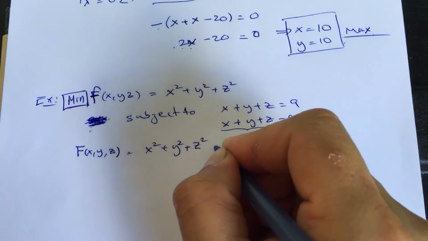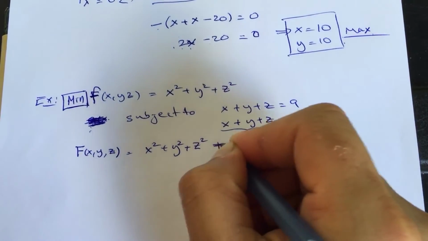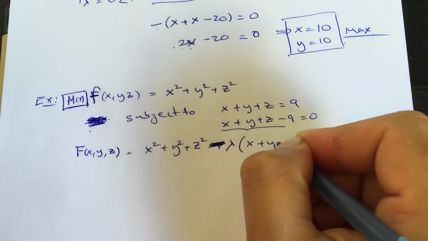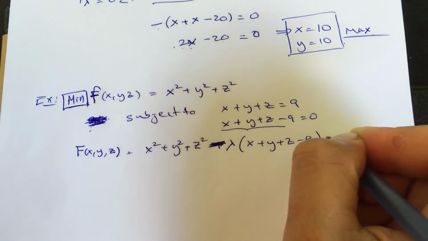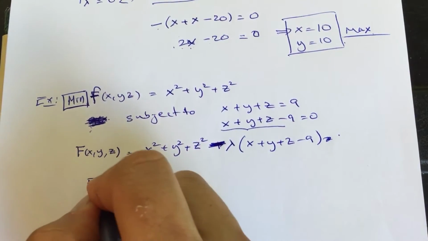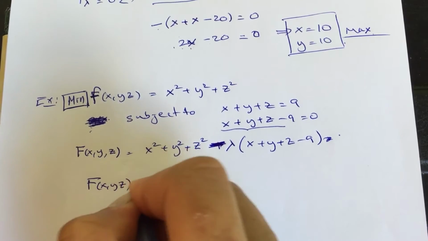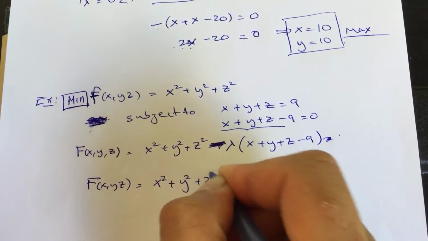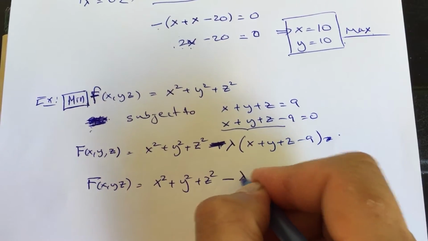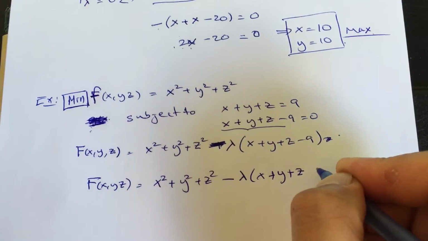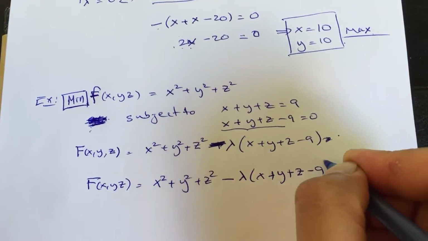So this is your new function, minus lambda times x plus y plus z minus 9. Let me rewrite this function again: F of x, y, and z equals x squared plus y squared plus z squared minus lambda times x plus y plus z minus 9.